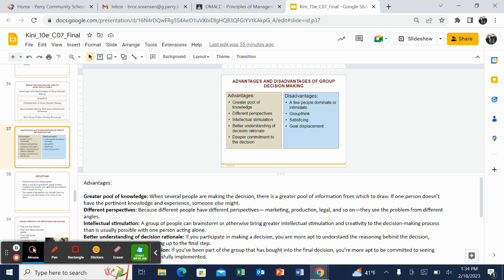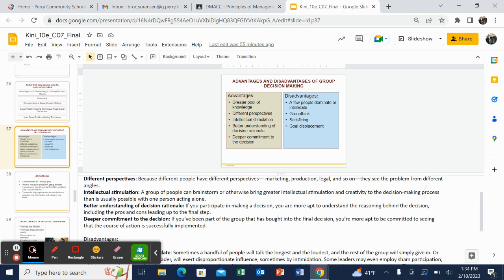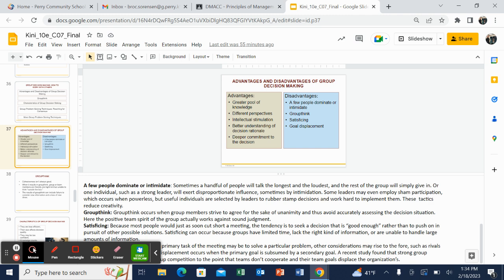So disadvantages: a few people dominate or intimidate. So I'm sure you've all been a part of groups where some of the people are very much like, this is how we're going to do it. It is simply going to be my way or the highway. Groupthink, which we'll talk a little bit more about here. So that's when they all agree just for the sake of being unanimous.